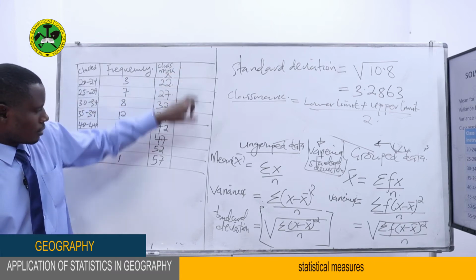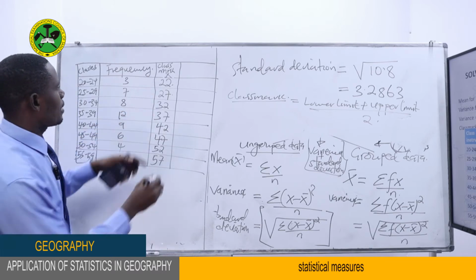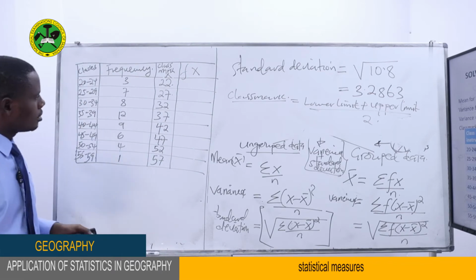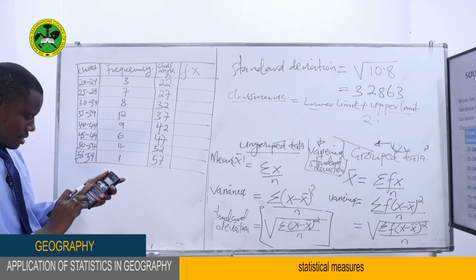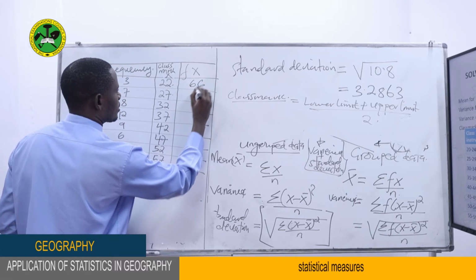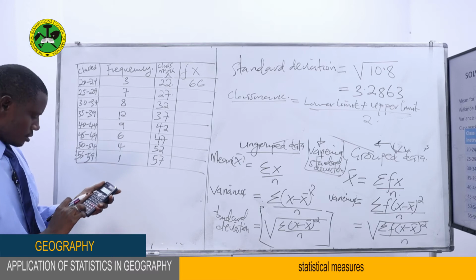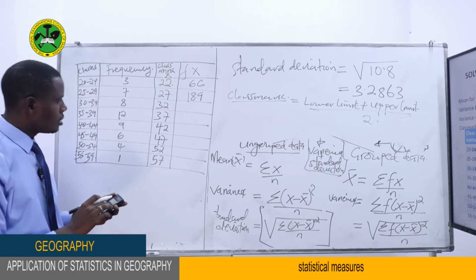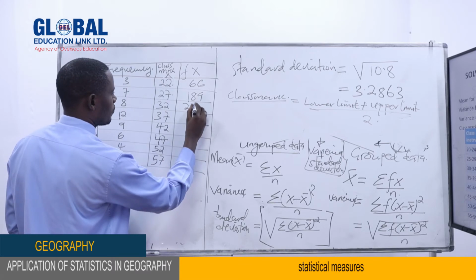Then we have another column that we're supposed to establish so that we can find the mean. So we have f times x. For that case, we take 3 times 22, which gives 66. Then 7 times 27 gives 189. Then 8 times 32 gives 256.